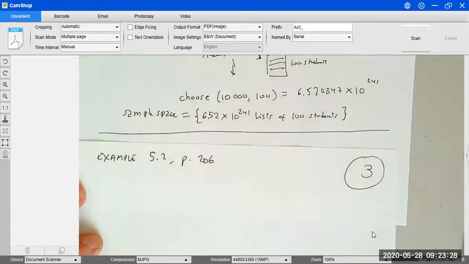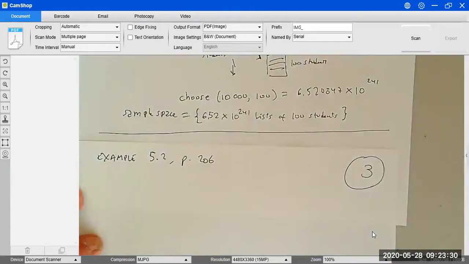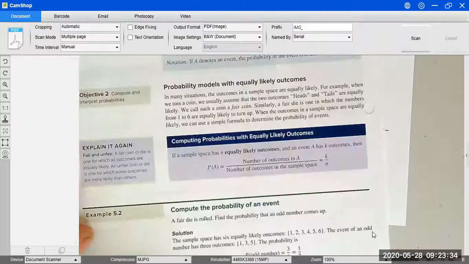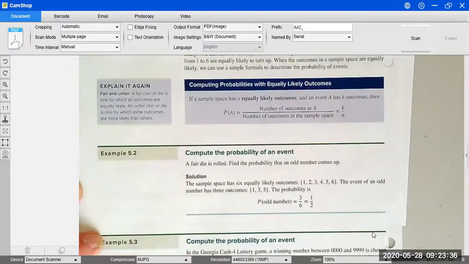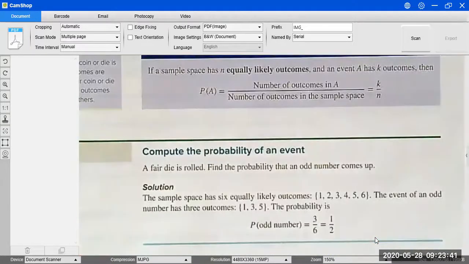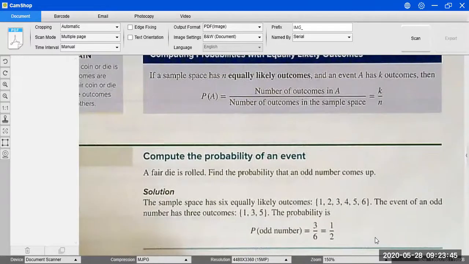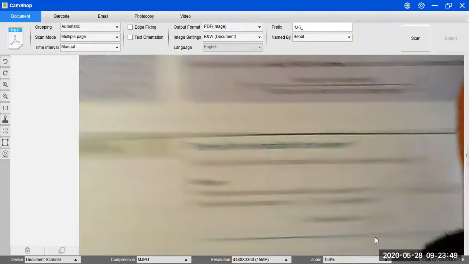So let's find the example. So we have here page 206. So example 5.2 says that if a fair die is rolled, find the probability that an odd number comes up. So that's the problem.